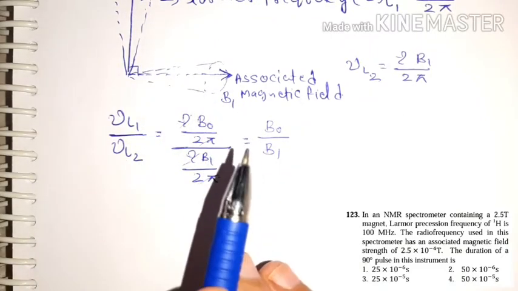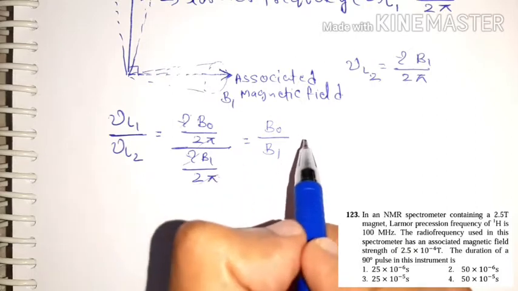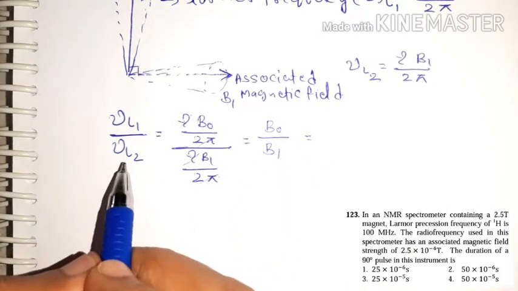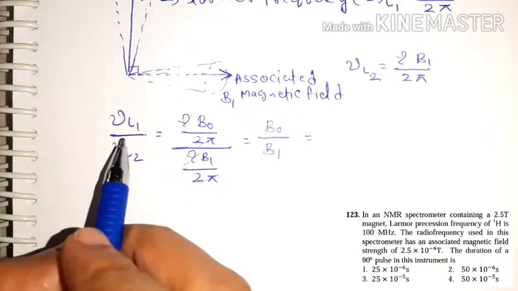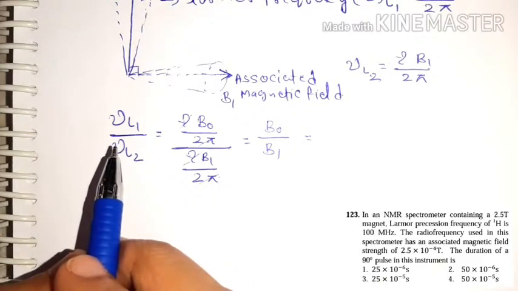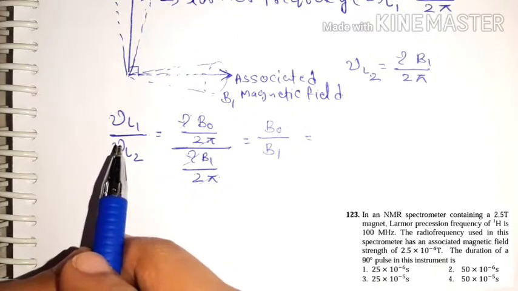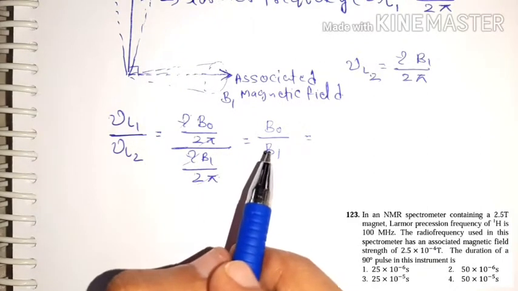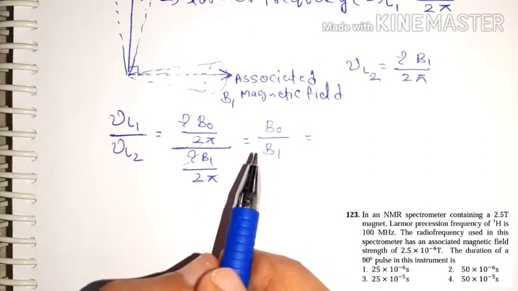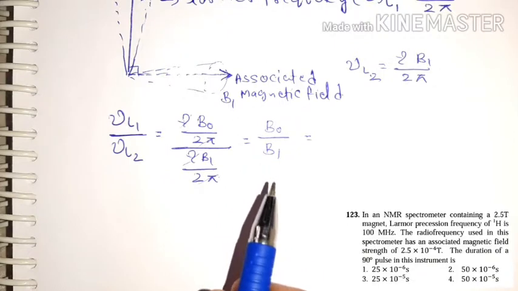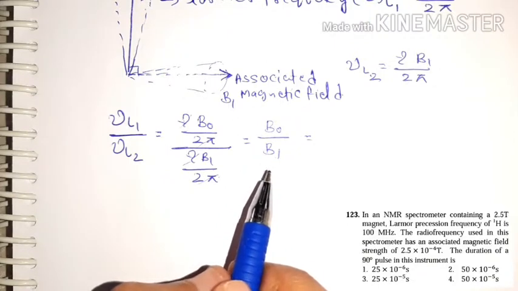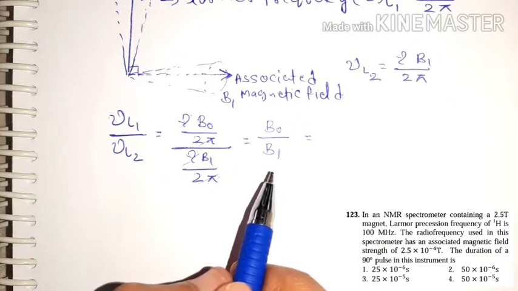In the question we must find the value of mu L2. We have the value of mu L1, which is 100 megahertz, the value of B naught, which is 2.5 Tesla, and the value of B1, which is 2.5 multiplied by 10 to the power minus 4 Tesla.